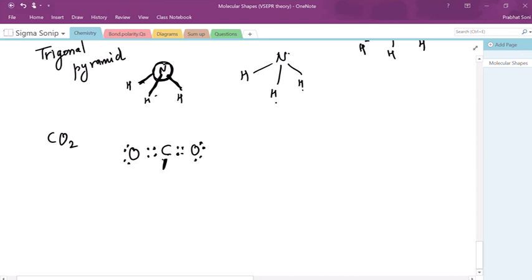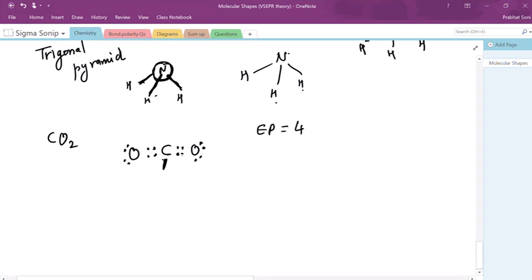So we look at here, and if I ask you how many electron pairs do you see, and if you answer 4, you are right. But in this VSEPR theory, multiple bonds are treated as single bonds.